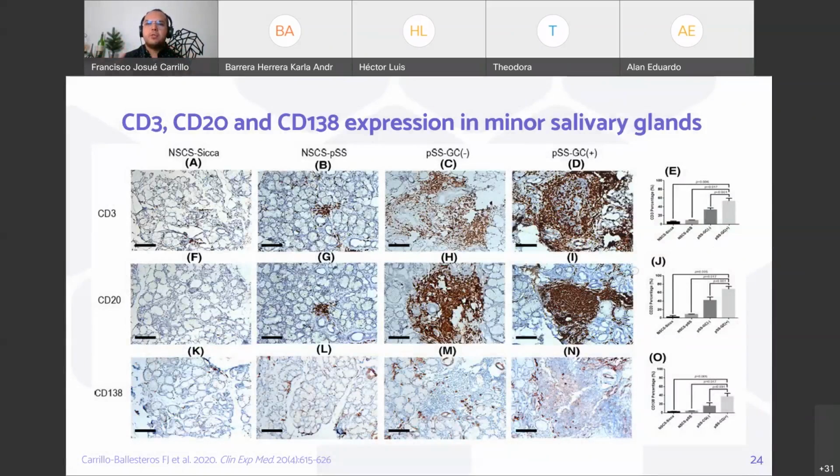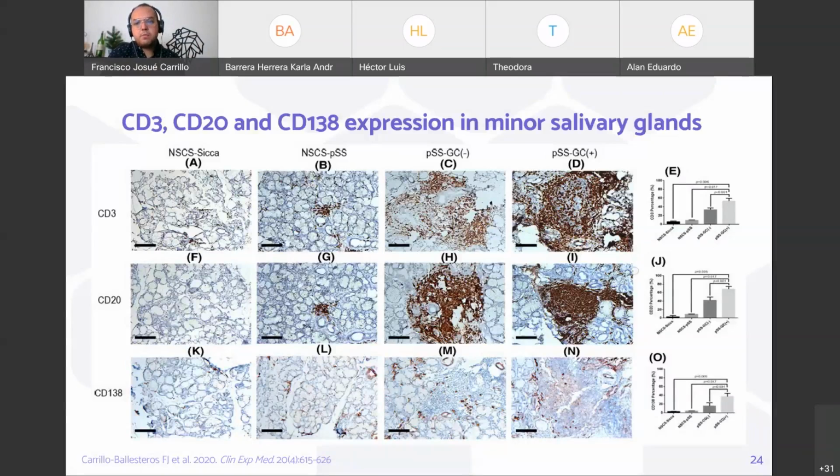So how are the proportions of these cells in these several conditions? We also identified the subpopulations of T, B, and plasma cells by their classical surface markers, as you may see: CD3 for T cells, CD20 for B cells, and CD138 for the plasma cells.